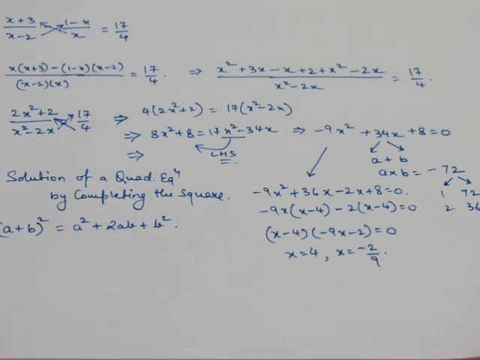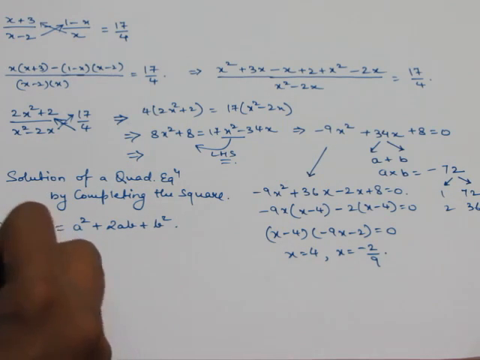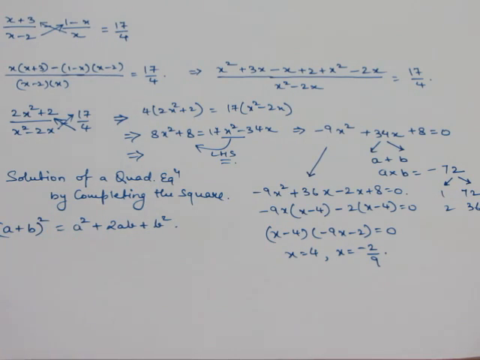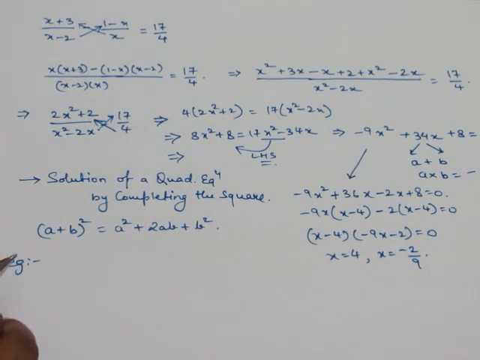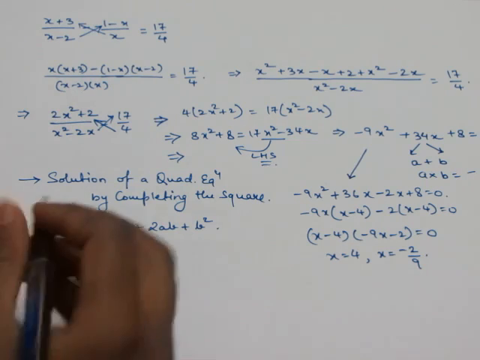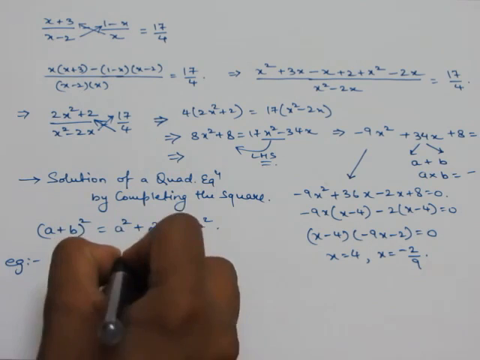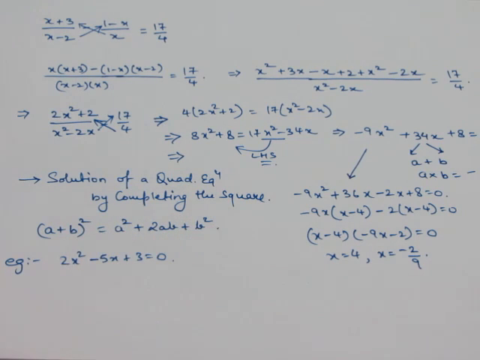What we need to do is, if I have a quadratic equation, we'll take an example. Let's say 2x square minus 5x plus 3 equals 0.